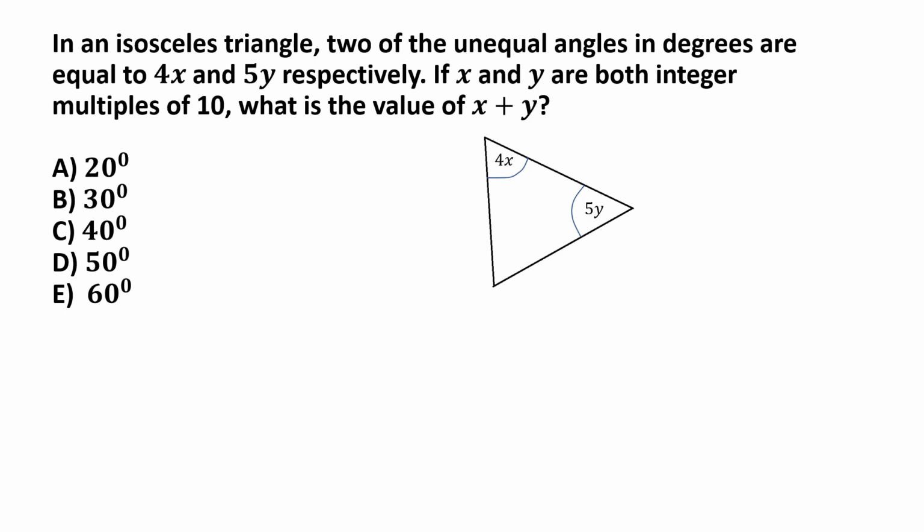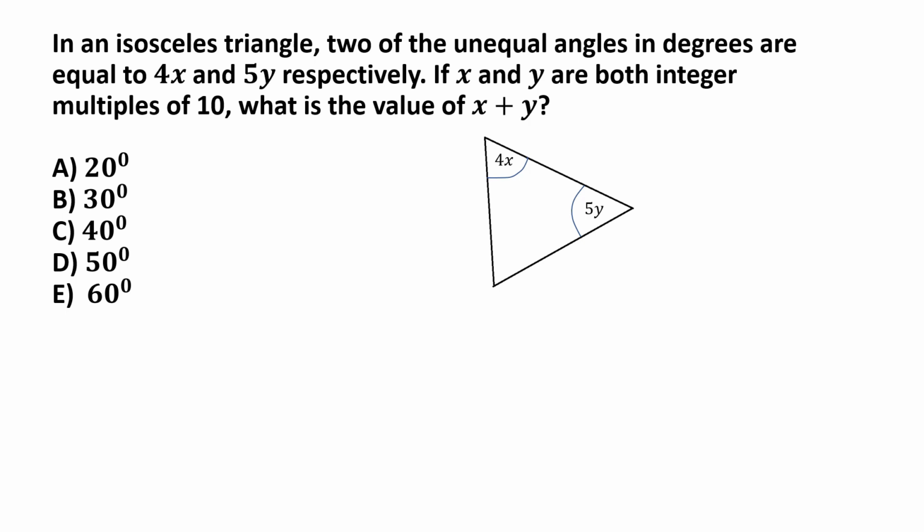So we are given an isosceles triangle, and we know that in an isosceles triangle, two of the angles of the triangle are equal. But the angles that are indicated in the figure as 4x and 5y are the unequal angles. So that means that the third angle of this triangle should be equal to one of these two angles.